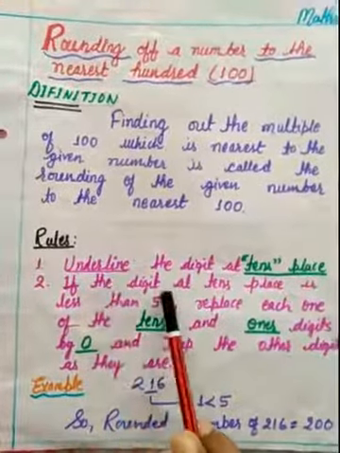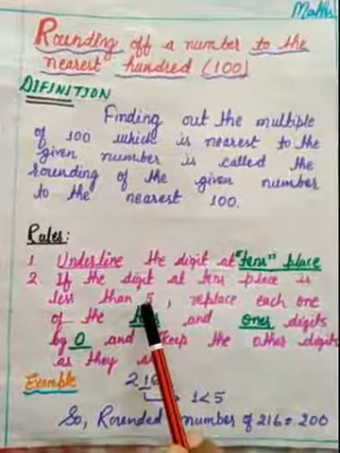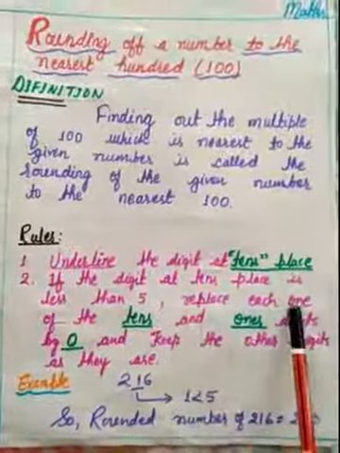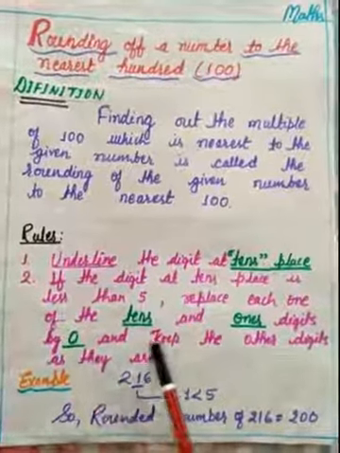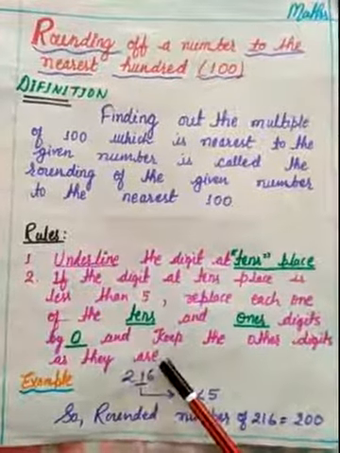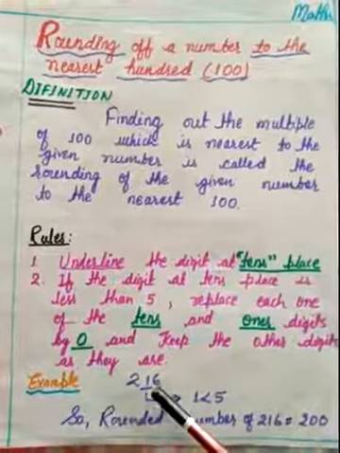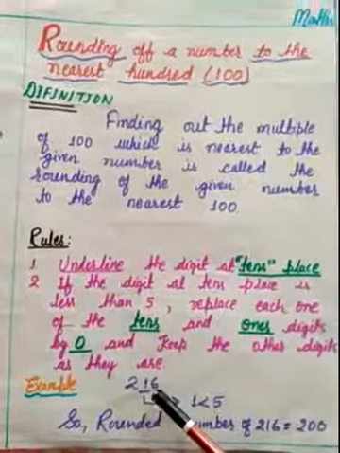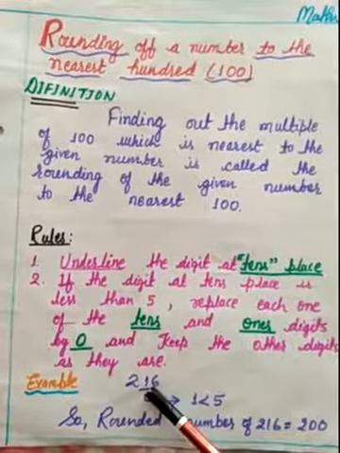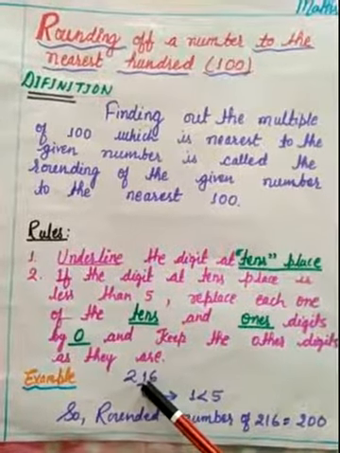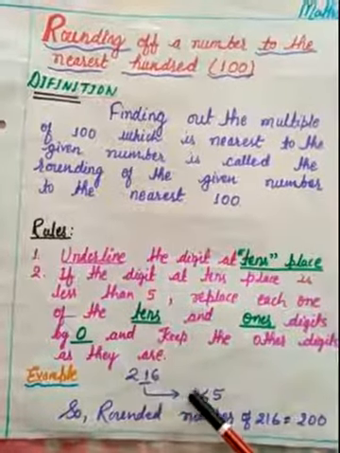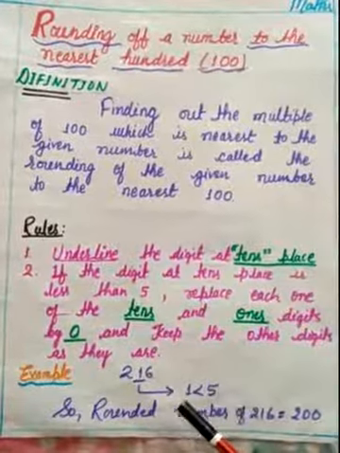So first step is underline the digit at tens place. Second, if the digit at tens place is less than 5, replace each one of the tens and ones digits by 0 and keep the other digits as they are. For example, we have a number 216. First we have to see tens place. The tens place digit here is 1, which is less than 5.